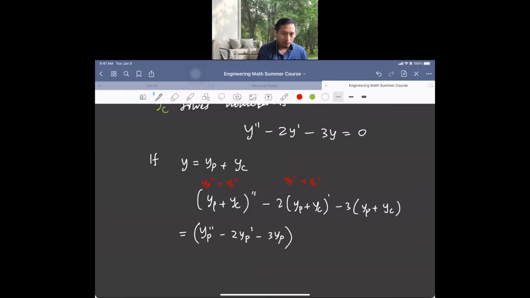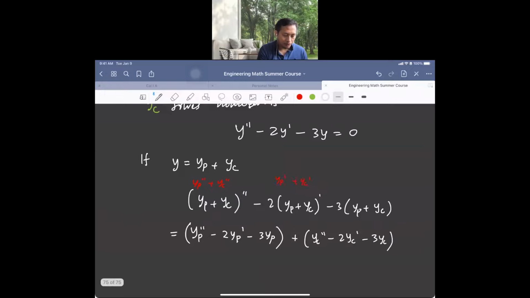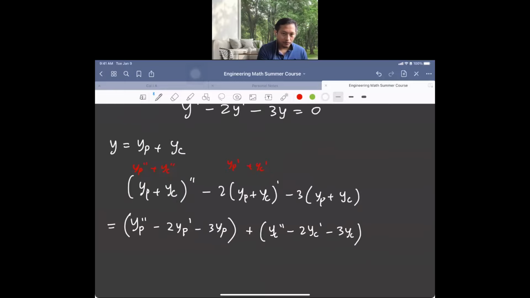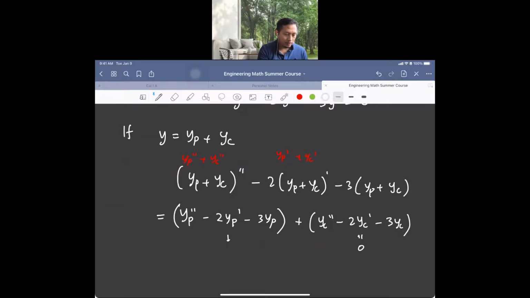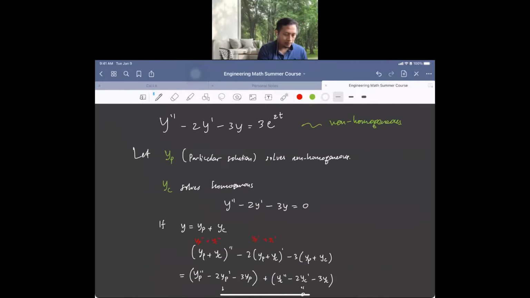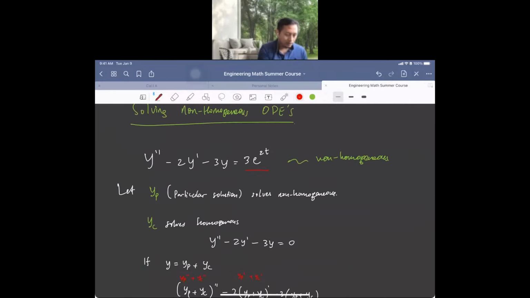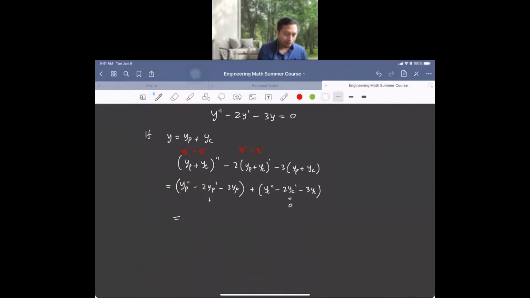So I will make this as one, all yp, and then plus yc double prime minus 2 yc prime minus 3 yc. Now we know that this is the homogeneous one, that is 0, and this one is becoming the non-homogeneous, that is 3e to t. So this is equal to 3e to t.